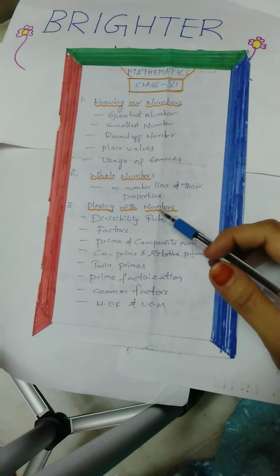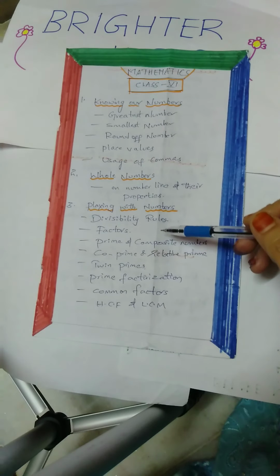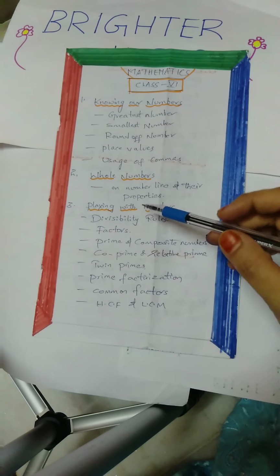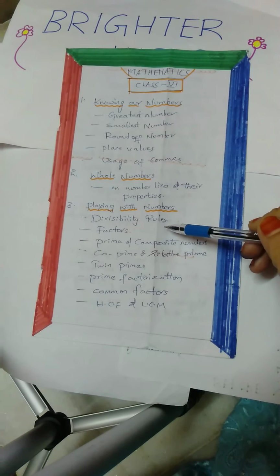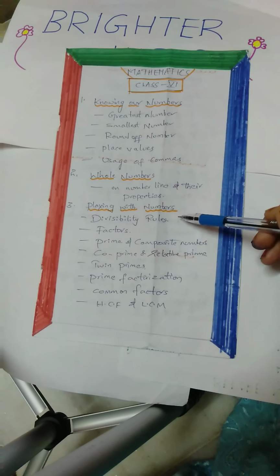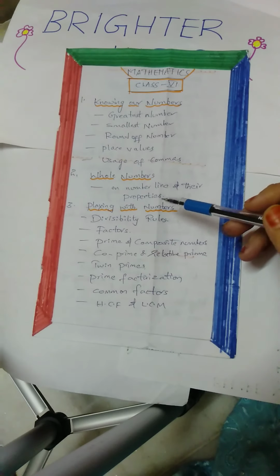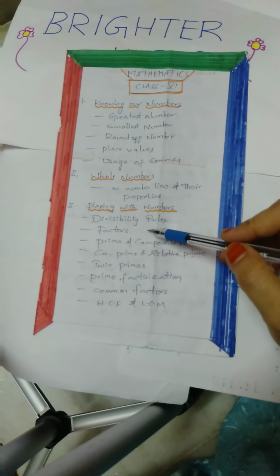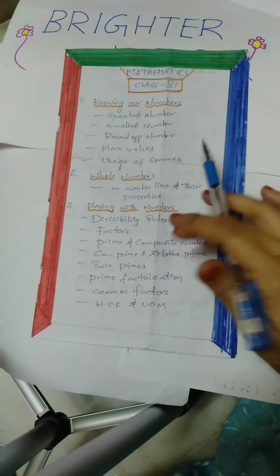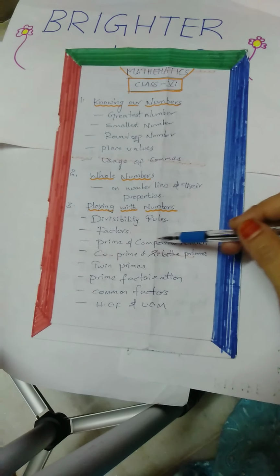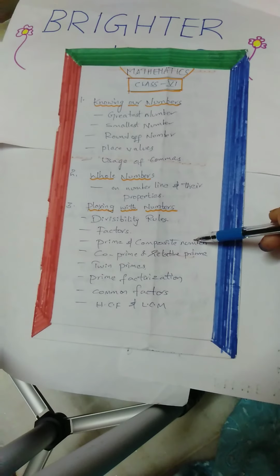In this playing with numbers, you have 7 to 8 units. The first unit is divisibility rule. In this we have to know the divisibility rule by 2, 4, 6, 8, 10 like this. We have to know all the divisibility rules. And the second unit is factors. In this playing with numbers, the third unit is prime and composite numbers.